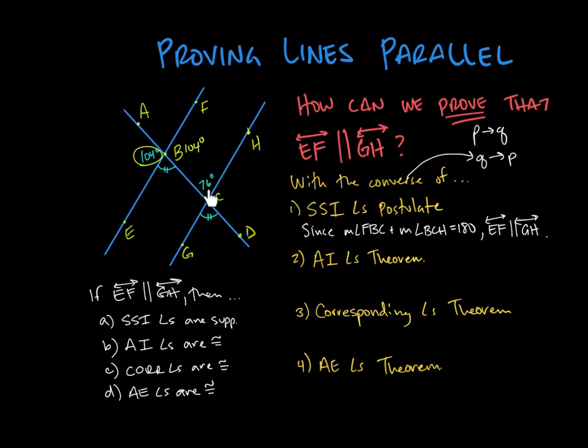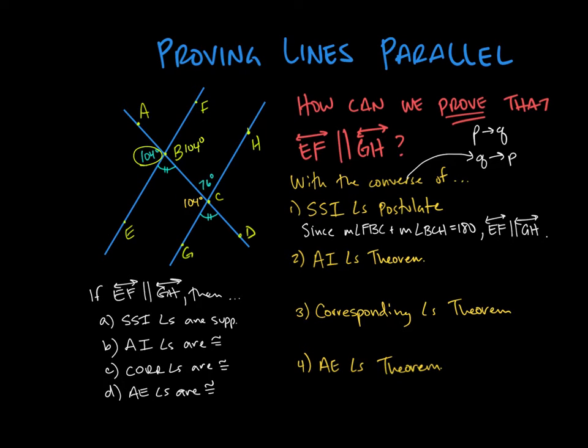Linear pairs are always supplementary. So if this angle right here is 76, then I could say that this angle right here has to be 104 degrees because, again, these two have to be supplementary. I've already determined that this is a 104 degree angle, and now I see that I have a pair of alternate interior angles that are congruent.